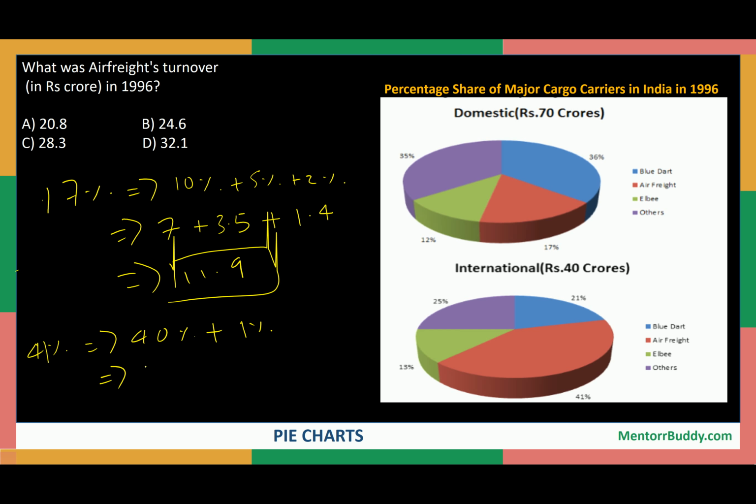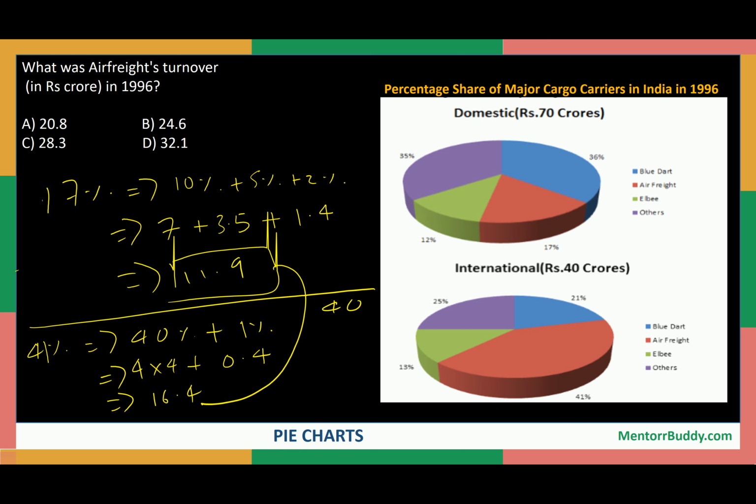Here the total is 40, so 10% is 4, so 4 into 4 plus 0.4 for 1% is 16 plus 0.4, that is 16.4, similar to what we calculated before. We just add these two values and get 28.3.